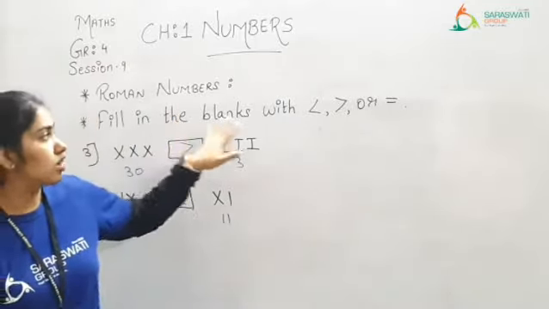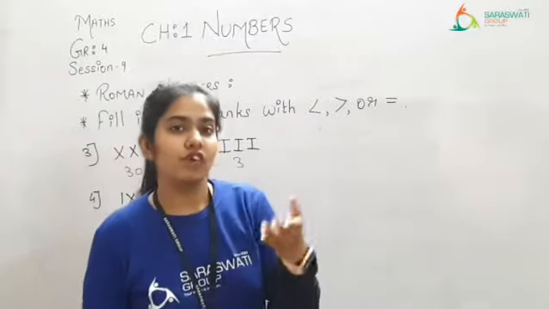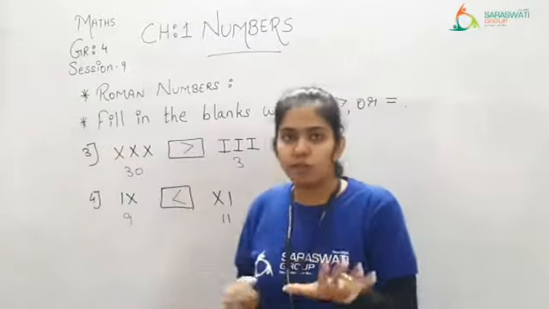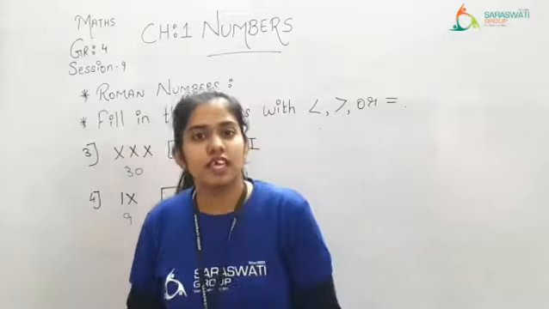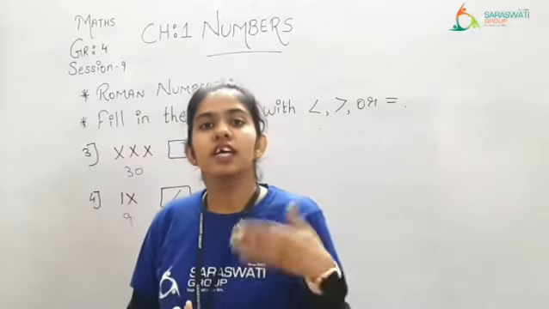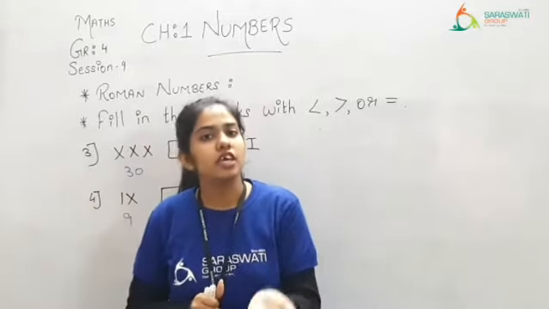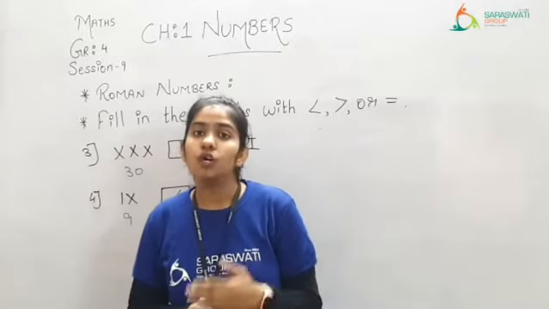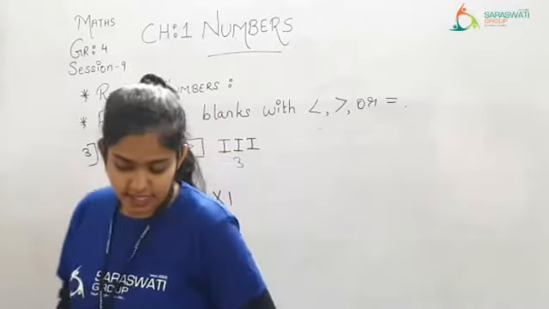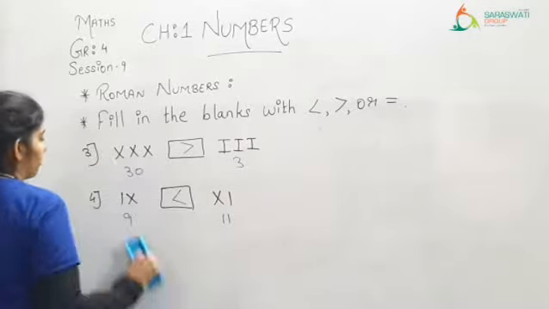You have to solve the blanks. We have learned almost 4 blanks, right? The rest of the blanks which I will give you in the homework, you have to solve by yourself. Now our next question is before and after numbers.